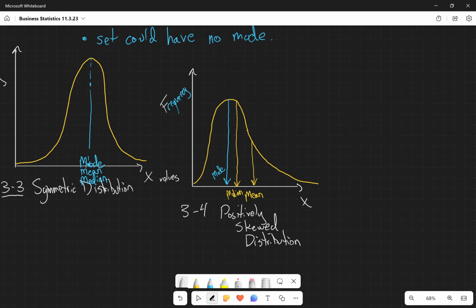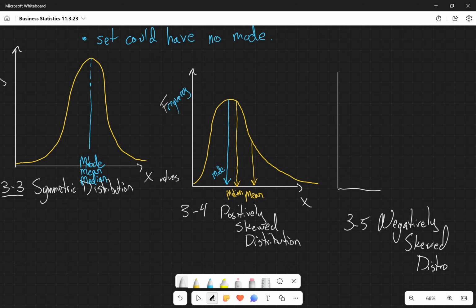And as we see with 3-5, which we're about to graph here, when we look at a negatively skewed distribution, if this is something that's kind of smushed over to the left, a negatively skewed distribution is going to be something that is smushed to the right.